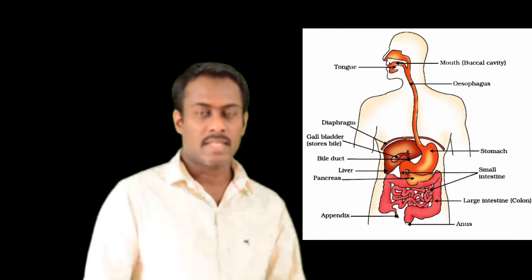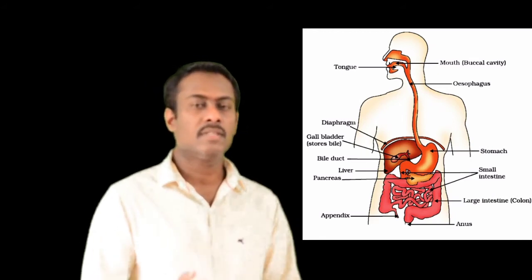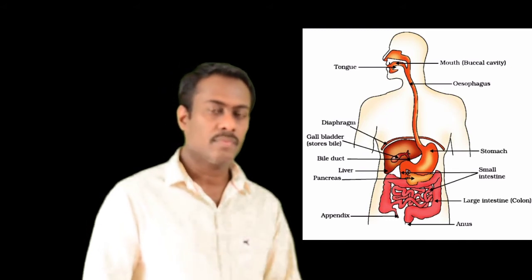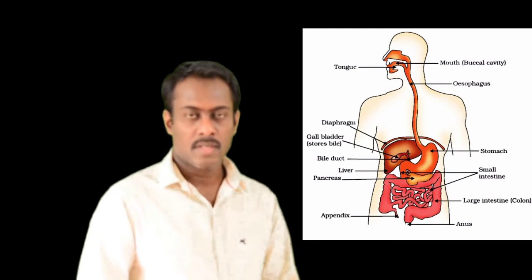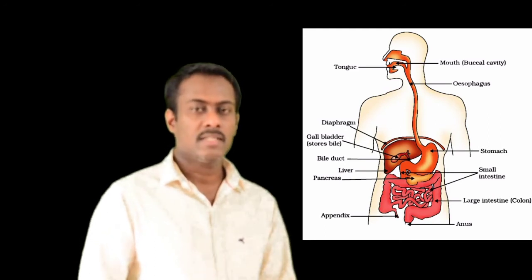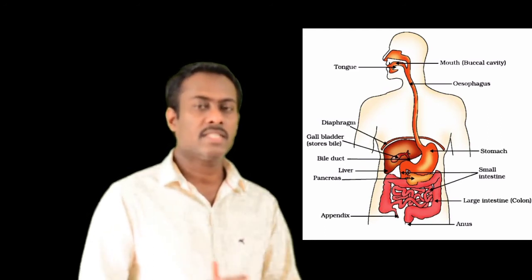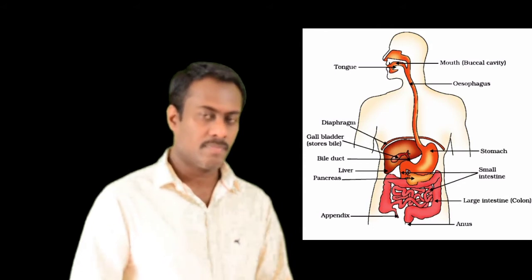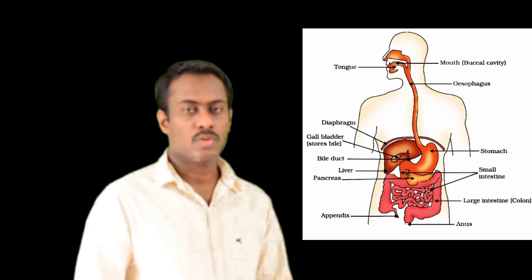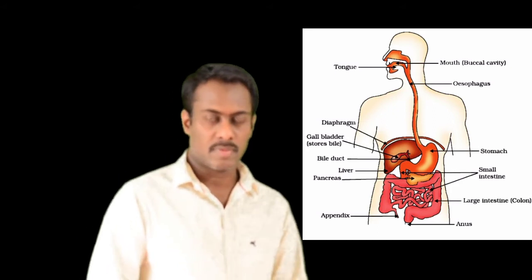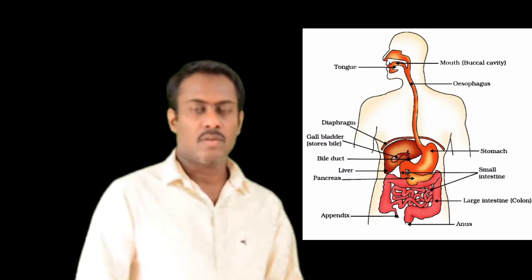Then absorption: the digested food is absorbed by the linings of the intestine, which is called absorption of food. And assimilation is the conversion of that digested food into energy. And egestion is the process of the removal of the waste from the body of the organism.